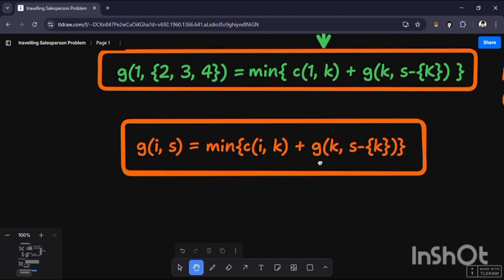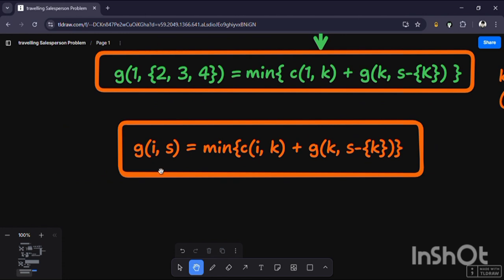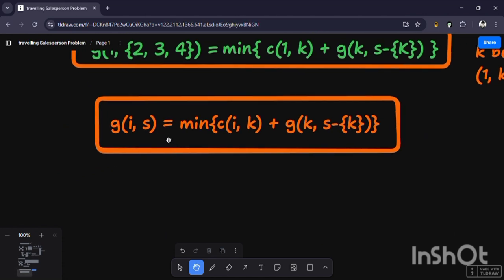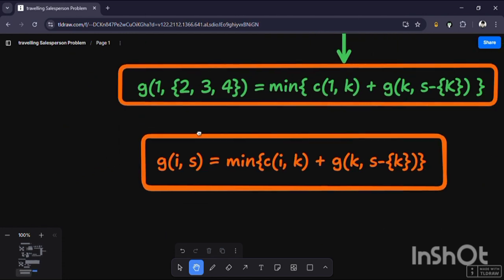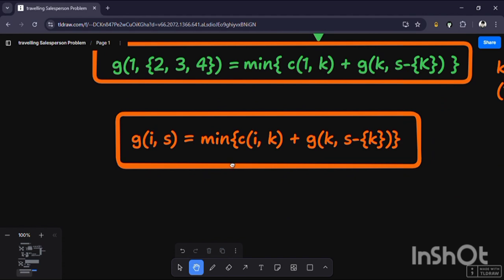So this is how I can generalize the equation. I can convert the problem into a mathematical equation.